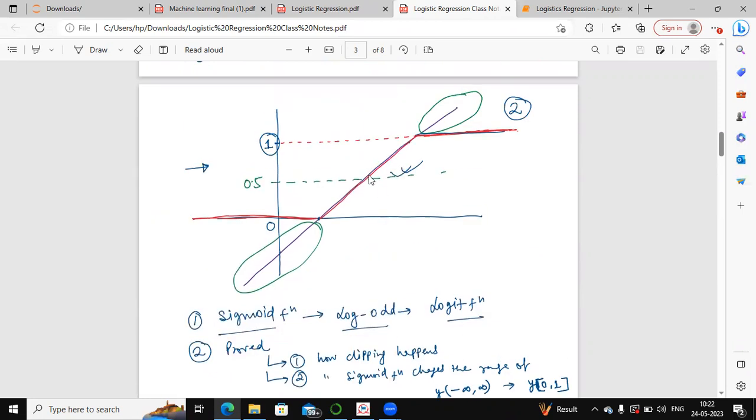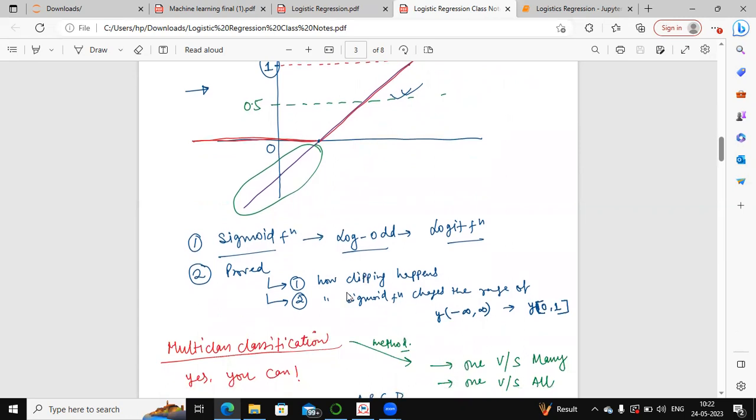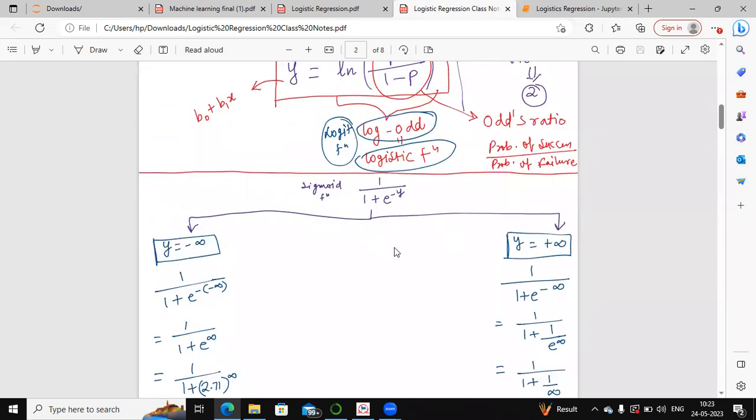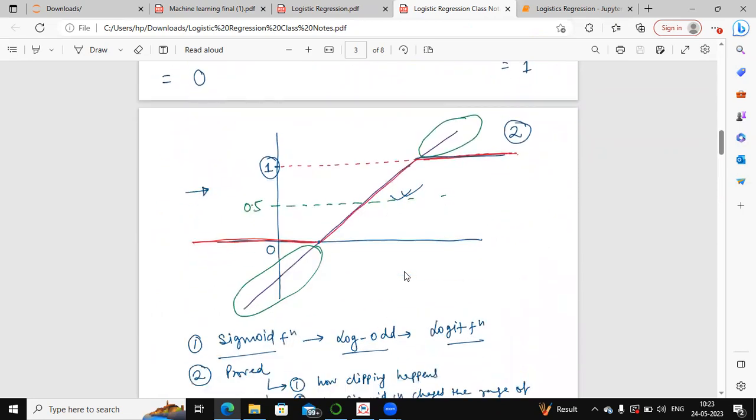Clipping means how values above 0.5 are scaled to 1, and values below 0.5 are scaled to 0. And we have also seen how the sigmoid function changes the range of minus infinity to infinity into 0 to 1, the probability range.